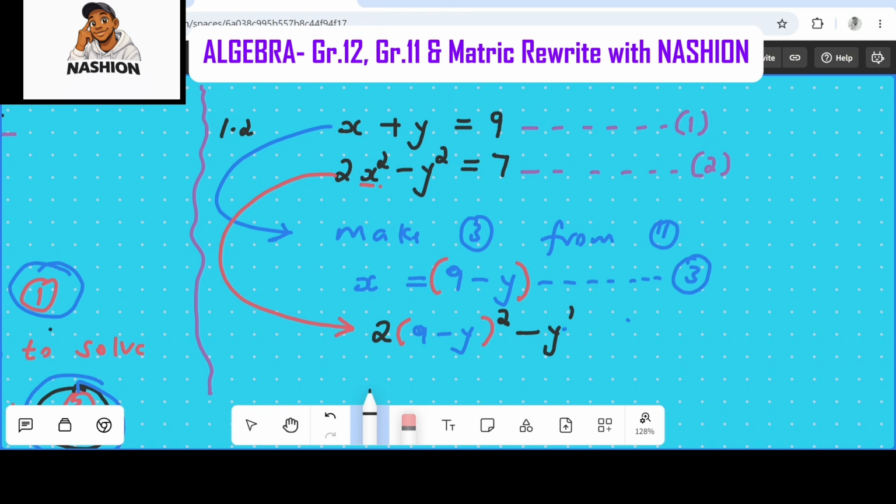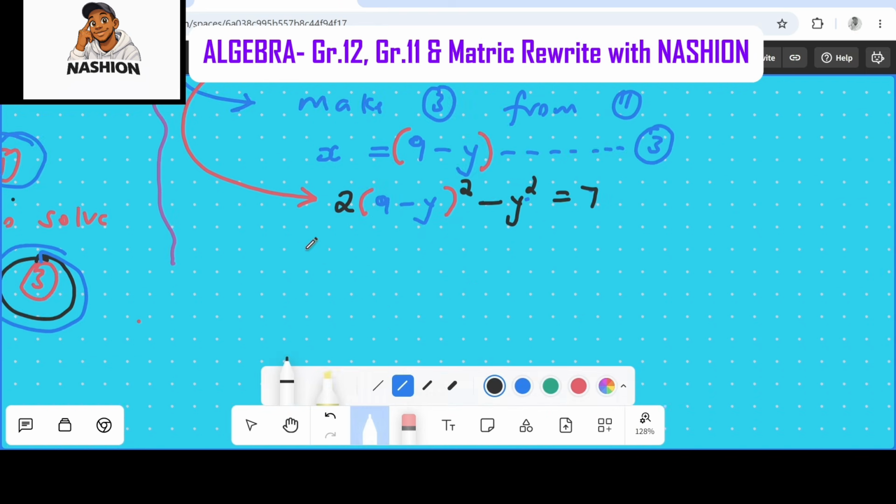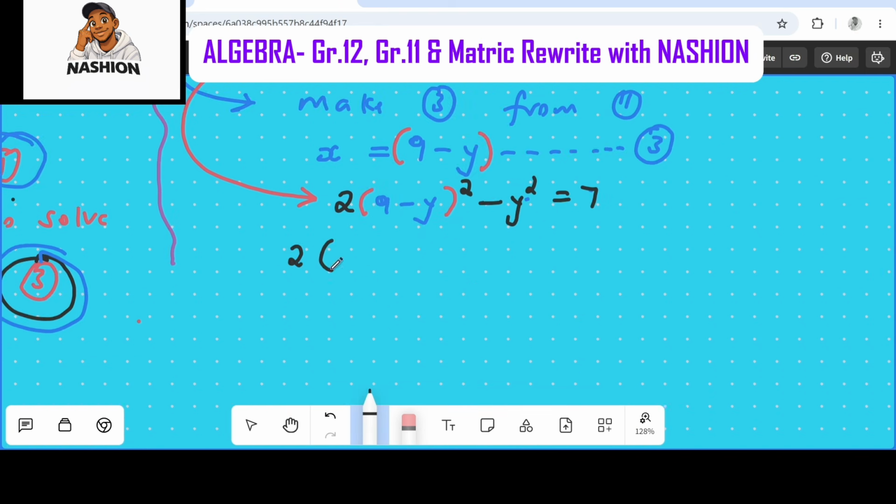Minus y squared is equal to 7. Let's remove the brackets. Let's start with the square part. 9 squared, 81. 2 times 9 times negative y, that's negative 18y. Negative y squared, that's positive y squared. Let's close the bracket. Outside the brackets, we have negative y squared is equal to 7.